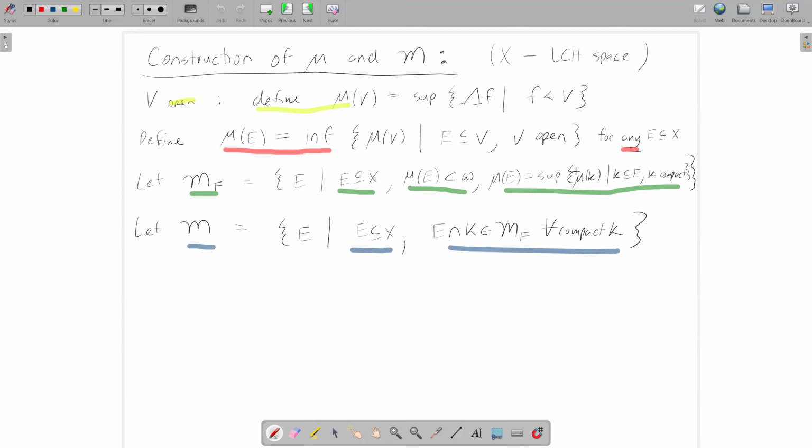So that might be a question, right? How do you know that there is such a compact K? Well, I guess a simple thing to say would be that in a locally compact Hausdorff space, points are compact, right?